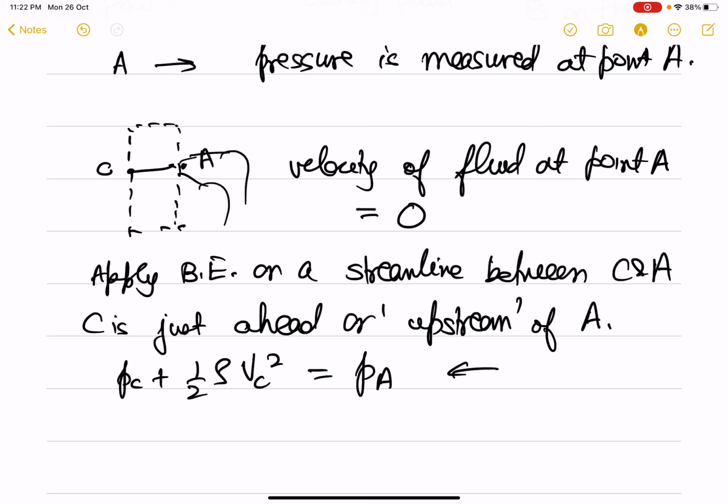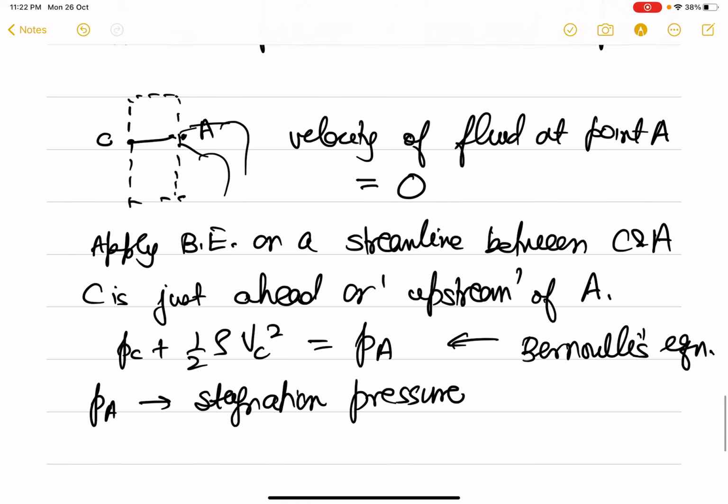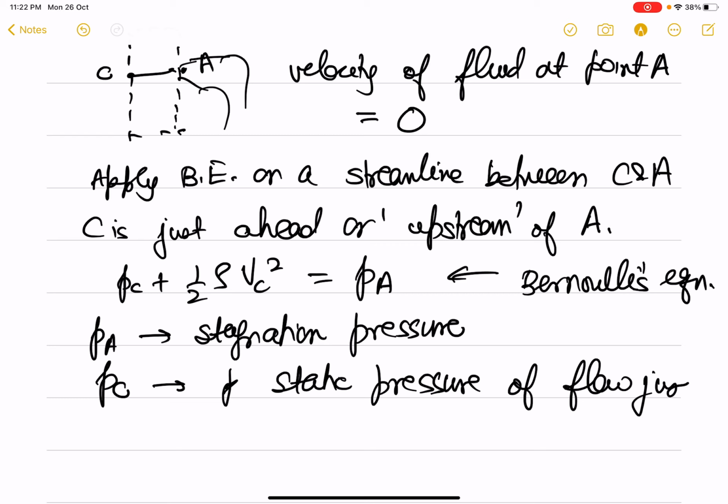This is what Bernoulli's equation gives me. Now PA is what we call the stagnation pressure. PC is the pressure at point C just before A, which we call the static pressure of the flow.